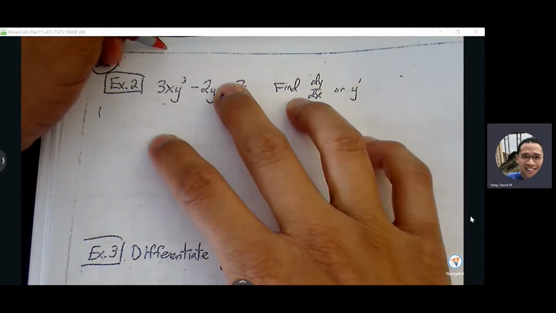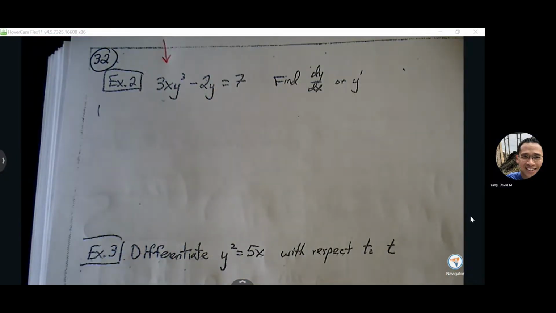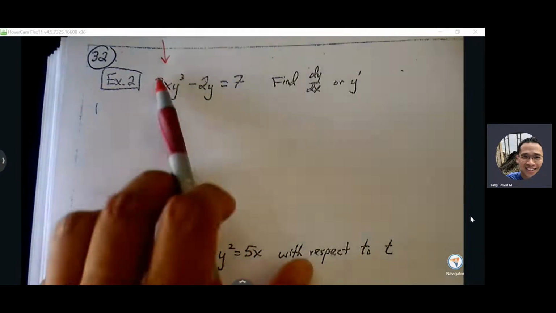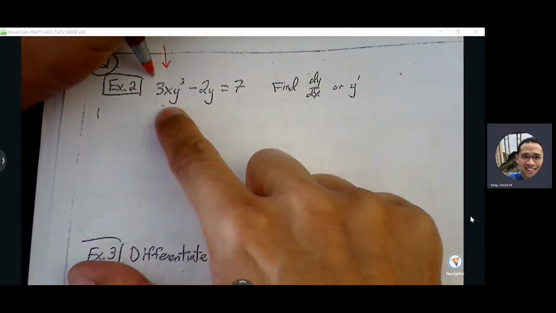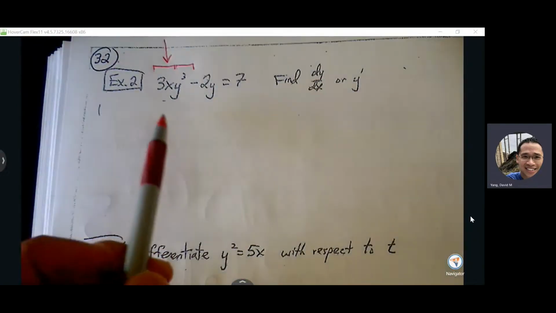It has to do with this 3xy cubed. Anything stand out about that? Maybe. It's multiplied, so I have to do product rule. And that feels a little bit difficult to see because you're looking at that going, well, that looks like one term to me. Why do I need product rule?